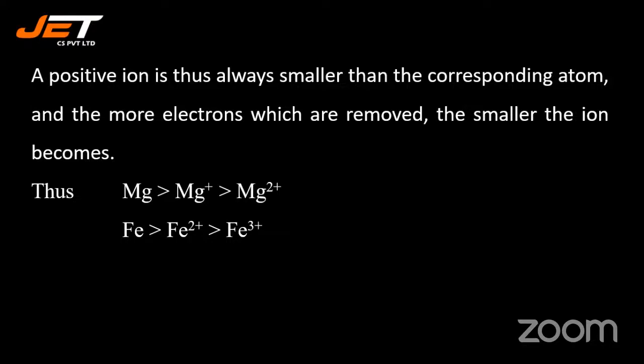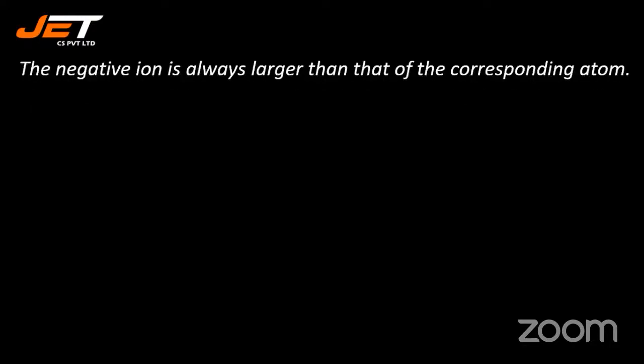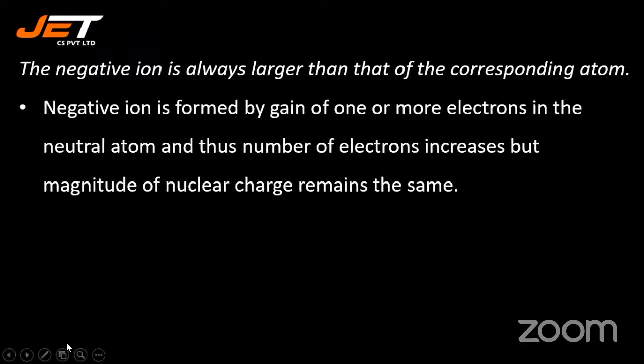Yes, ma'am. Okay. So the negative ion is always larger than the corresponding atom, just the reverse scenario. What is a negative ion? A negative ion is formed by the gain of one or more electrons. There is the nucleus, surrounded by different electrons, and the number of electrons is exactly the same as the number of protons.